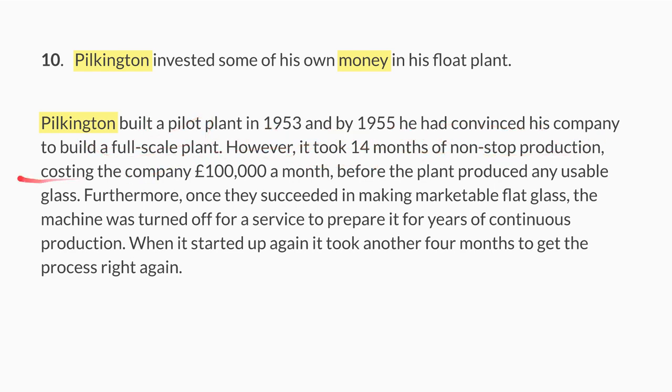You'll see that down here it says costing, and it also mentions money in terms of numbers, £100,000 per month. So that right there is also part of our keyword because we were looking for money. We haven't found the term money, but we have found synonym language. £100,000 and costing are synonym words for money.